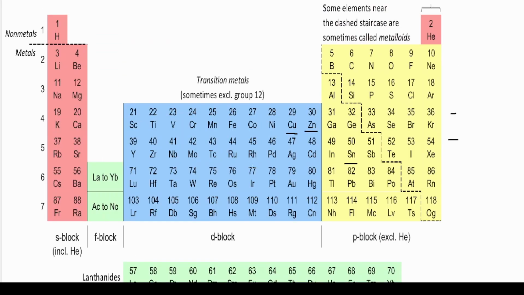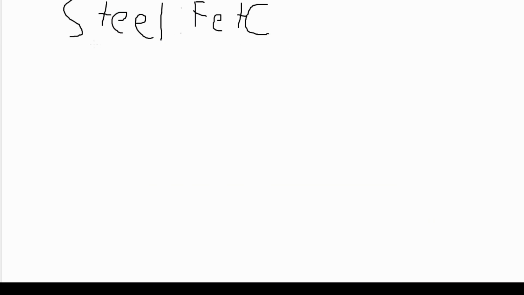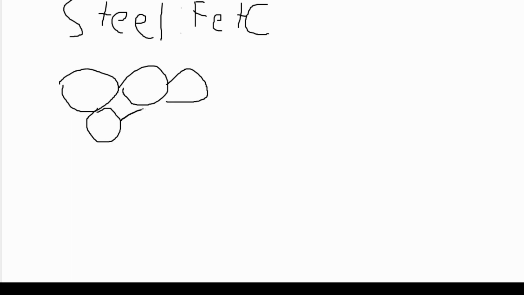This is interstitial because if you look at the periodic table, iron is on period 4, but carbon is on period 2. They're more than one energy level apart, which means you have an interstitial alloy. The reason they're called interstitial alloys is that you have the bigger atoms like this, and then the smaller carbon atoms fit in the middle, in between the bigger atoms.